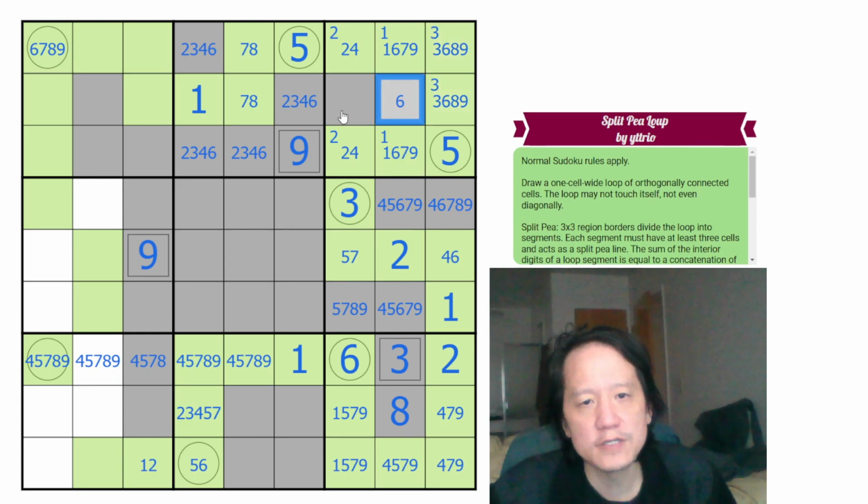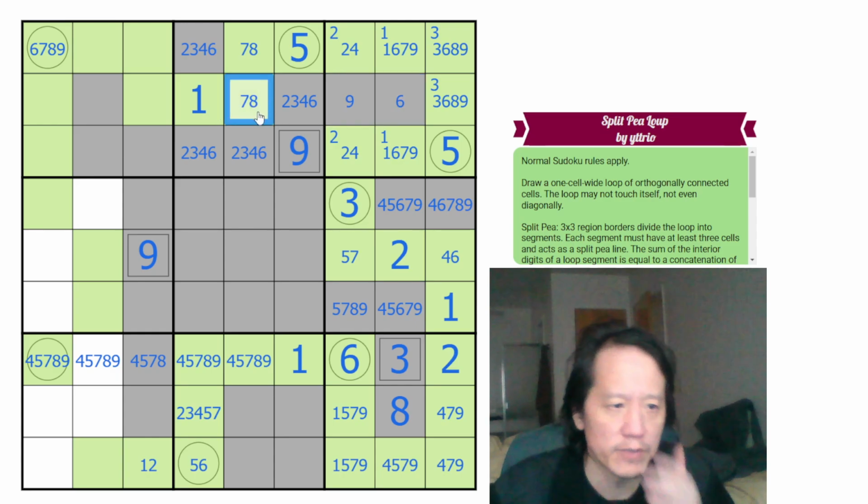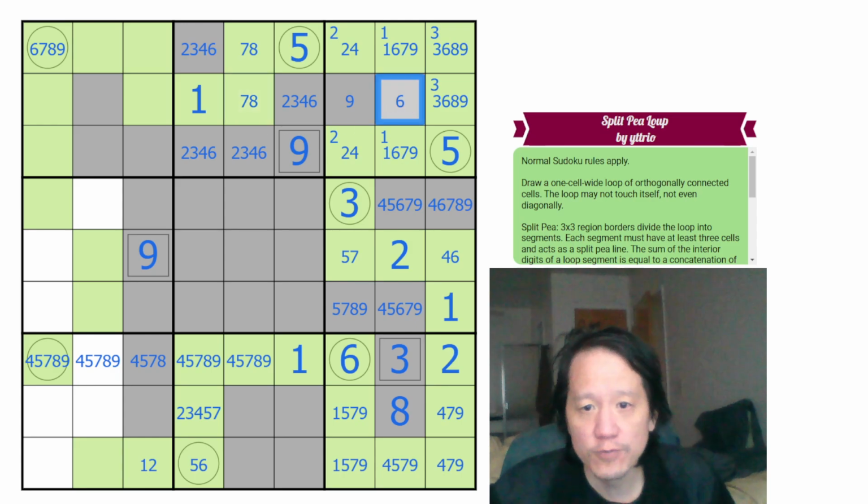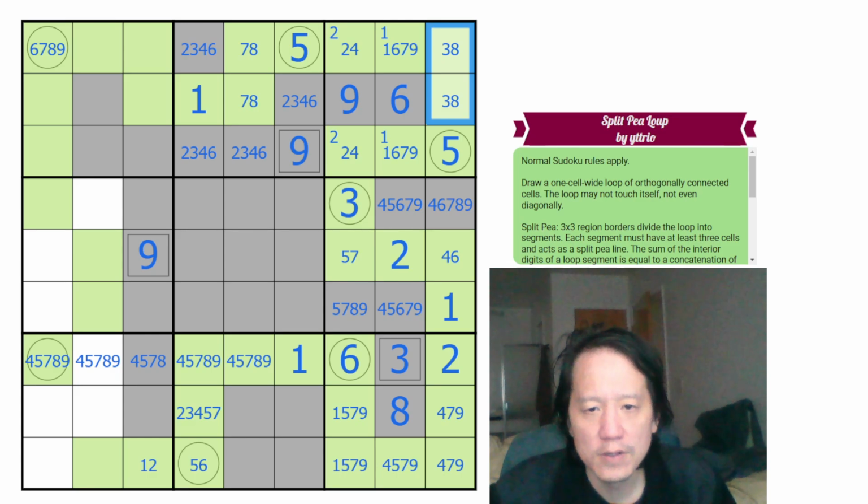Therefore, this is 6 or 9 or 7. It can't be 7, 8 because if it's 7, 8, that would eliminate both possibilities here. Therefore, this must be 6 and 9, which means this can't be 9. It can't be 6. So this is a 3, 8 pair, which means this can't be 8.